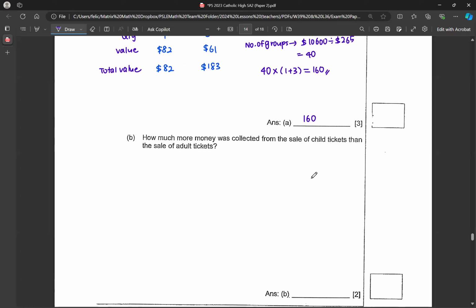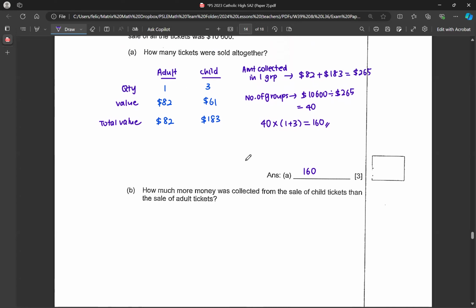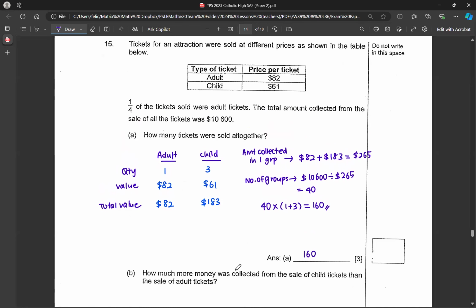Question B, how much more money was collected from the sale of child tickets than the sale of adult tickets? Child tickets versus adult tickets, we want the how much more, which means we want the difference. Looking back at one group, you shouldn't just look at value, because that's just for one adult and one child. We have to look at the total value instead, because it depends on 3 children and 1 adult.